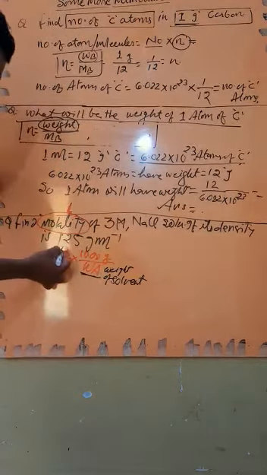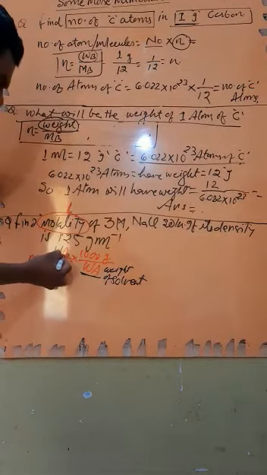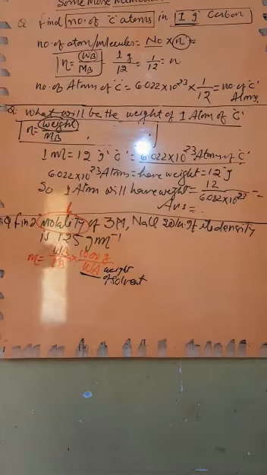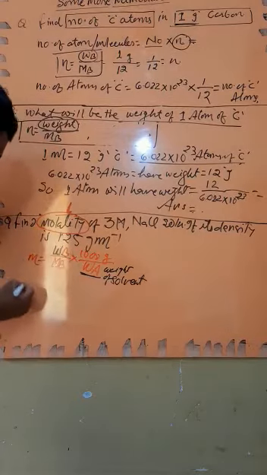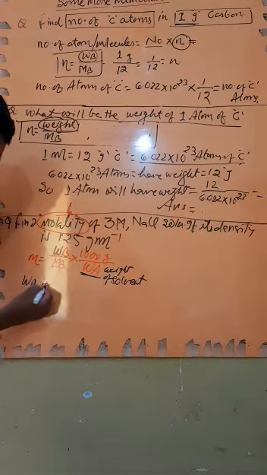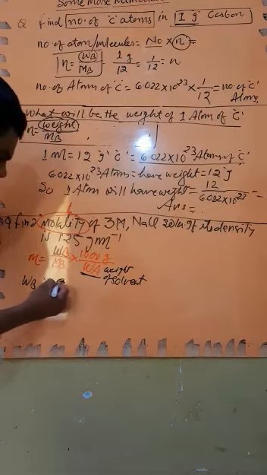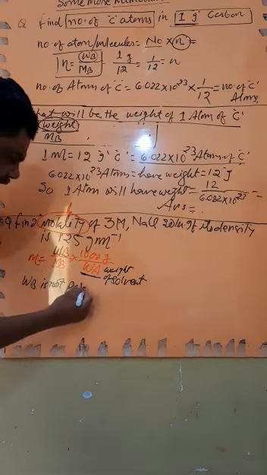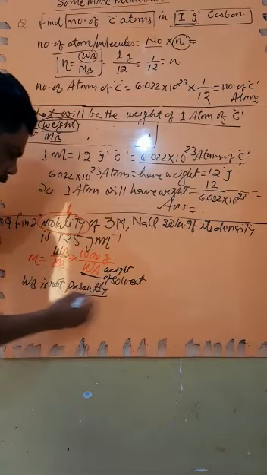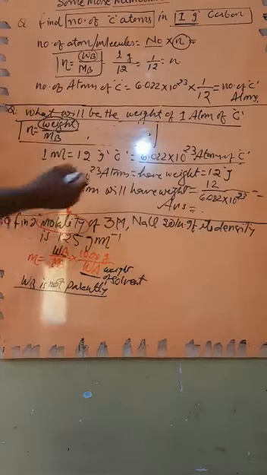And what is Wb? B stands for solute, so it is the weight of solute. Students, in the question Wb is not given directly. In the question we are unable to find its weight directly, but we can find it.